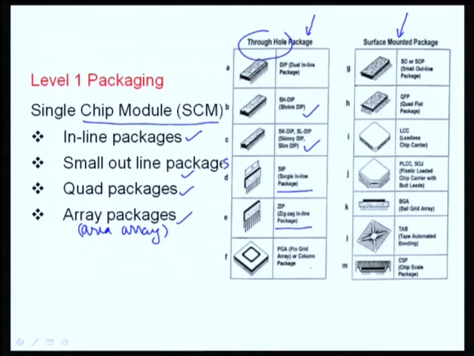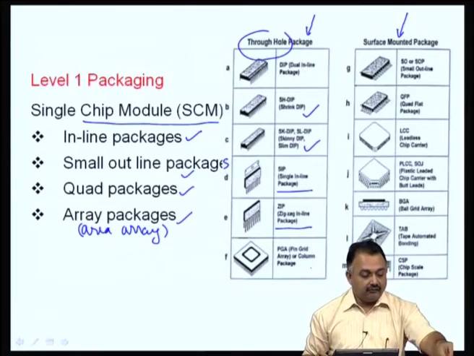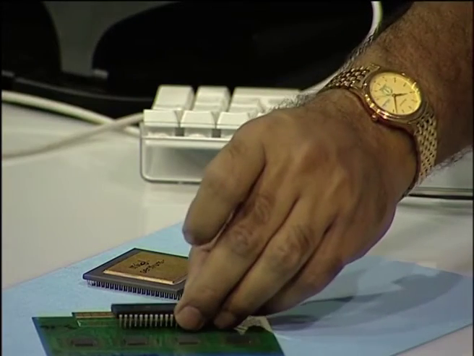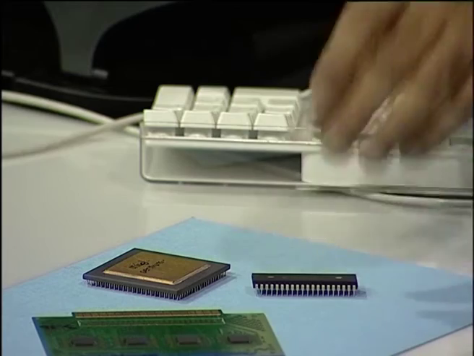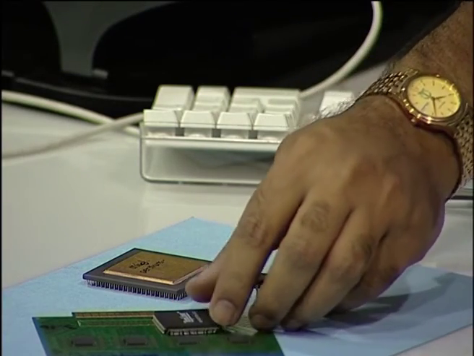In the surface mount package, we have what is known as a small outline package, and as the name indicates, the surface mount packages will not have a requirement of the pins going through the printed circuit board. They will be mounted on the surface of the board like this.